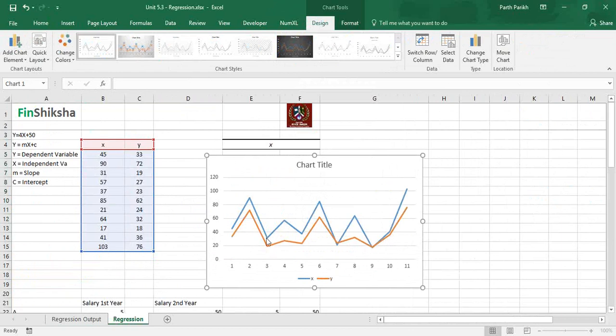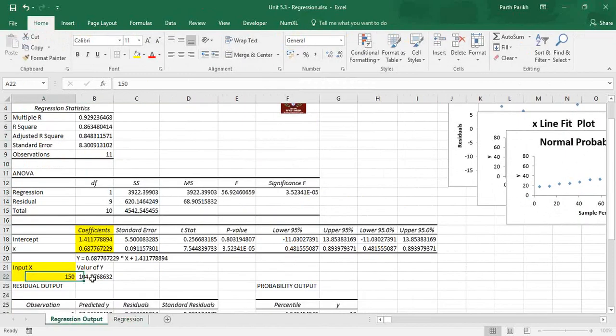It goes up, it goes up, it goes down, it goes down, it goes up, it goes up, it goes down, it goes down. If it's 150, it's 104.4. If x is 200, then again the value of y will increase. Now, to what extent the value increases is given by this r square.